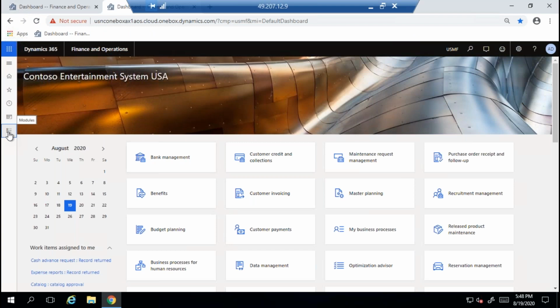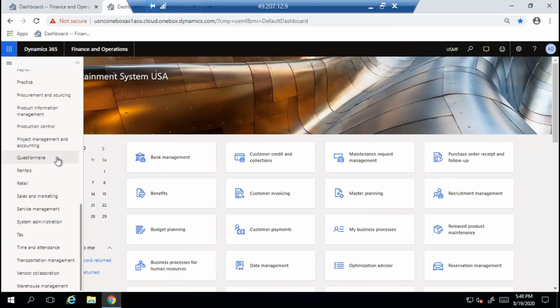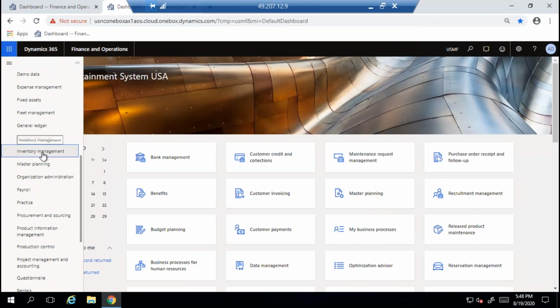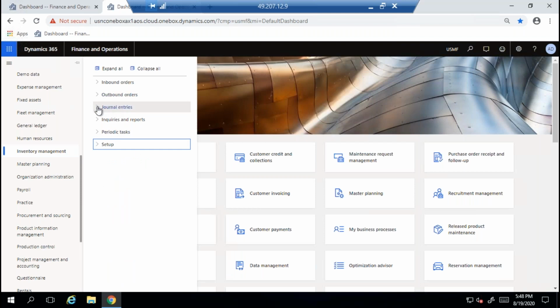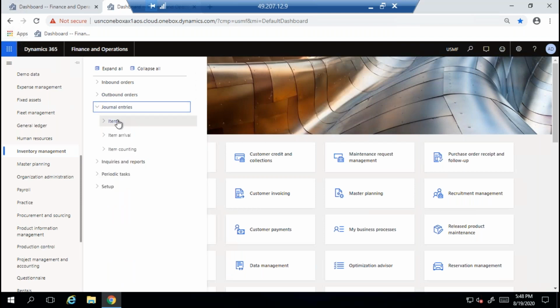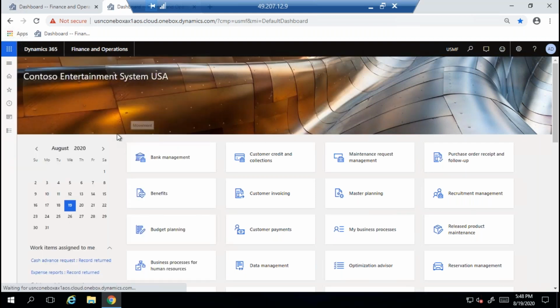So that is inventory management. Inventory management, journal entries, items, movement journal, adjustment journal, transfer journal. First, let me show you movement journal.